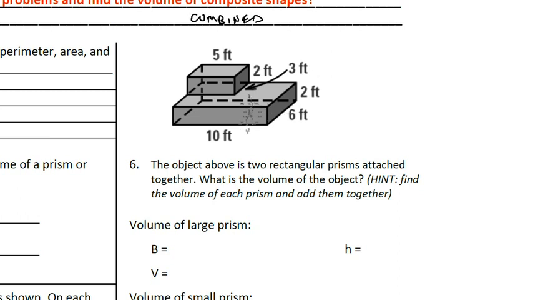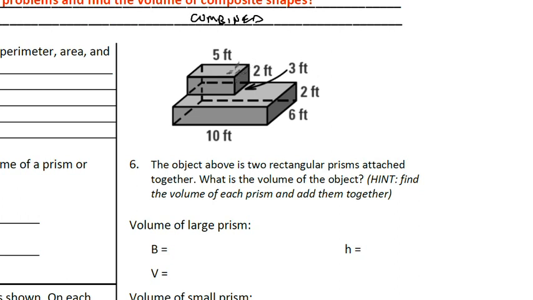So class, the hardest part about this diagram is just verifying which dimension each of these numbers is representing. You can see on the bottom rectangular prism, we have a base of 10 by 6, and the height is 2. And then this smaller rectangular prism, if you look at the top of this one and call this the base, this is 5 feet.